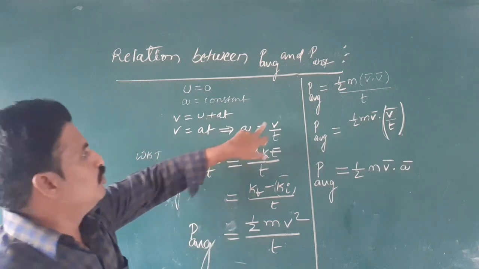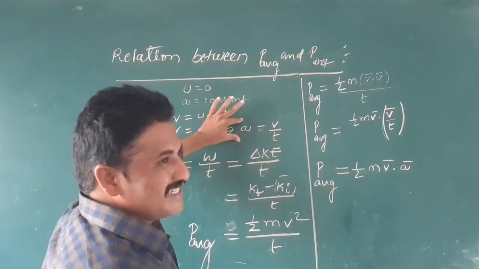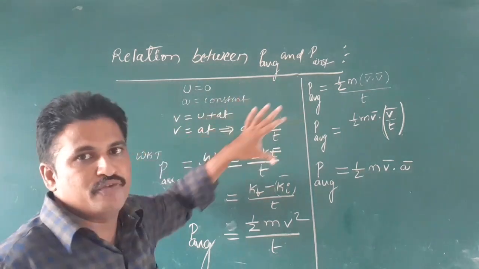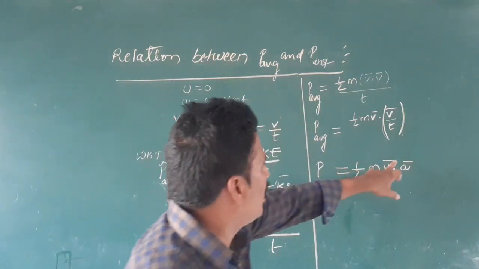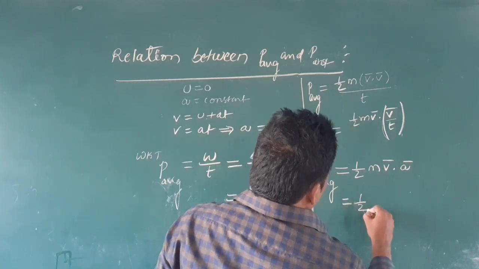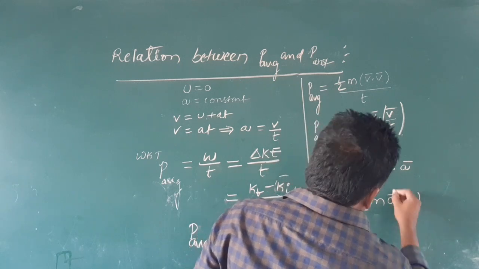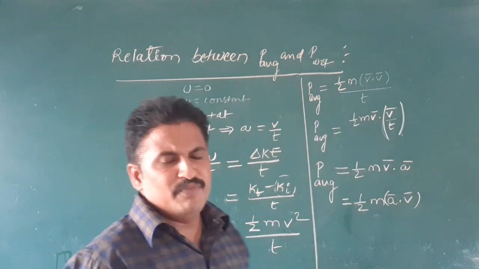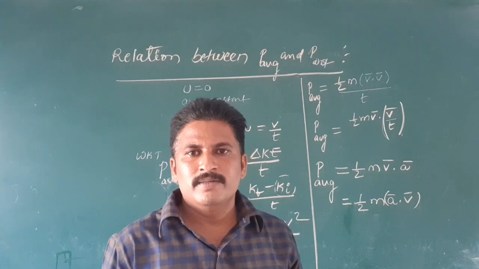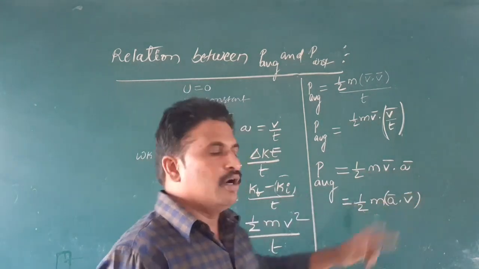According to this relation, a is equal to v by t. This is the magnitude of the acceleration. We can express this in vector form, so a bar is equal to v bar by t. From this, students, we can modify the equation to m a bar dot v bar. See students, the dot product obeys the commutative property, so a bar dot v bar is equal to v bar dot a bar.